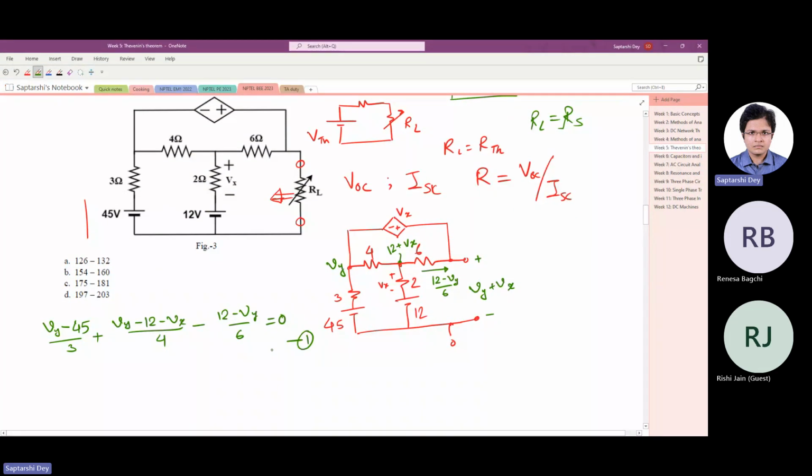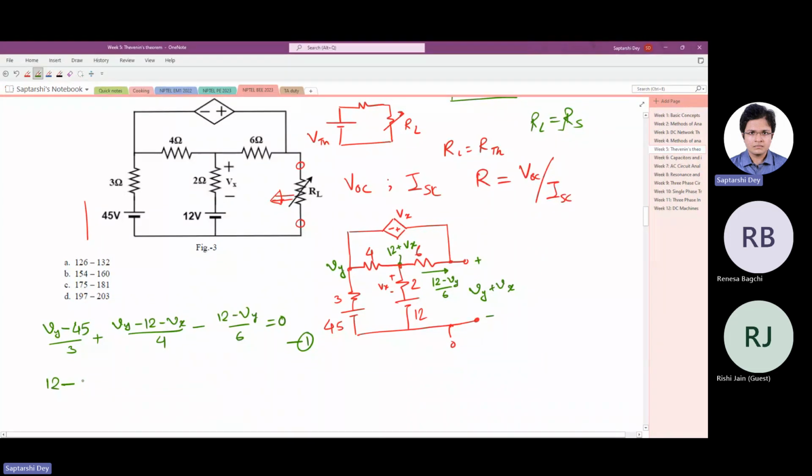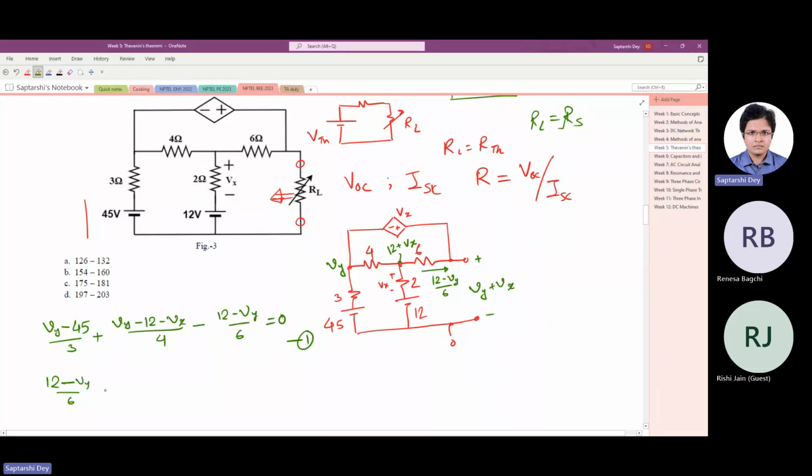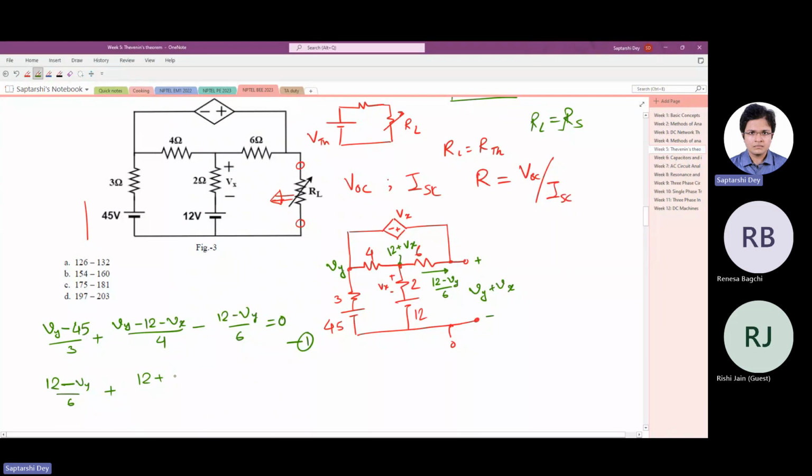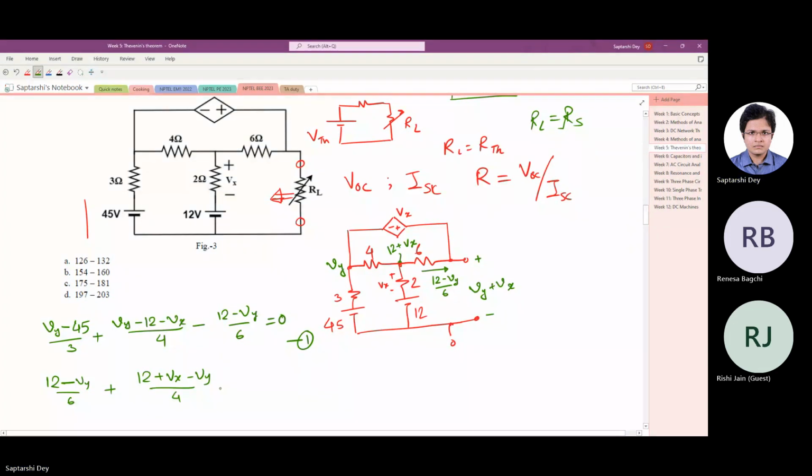This is one equation, and the other equation will be at this node. So currents going out, the one we already found, 12 minus Vy by 6, plus 12 plus Vx minus Vy by 4, plus another one is definitely Vx by 2.